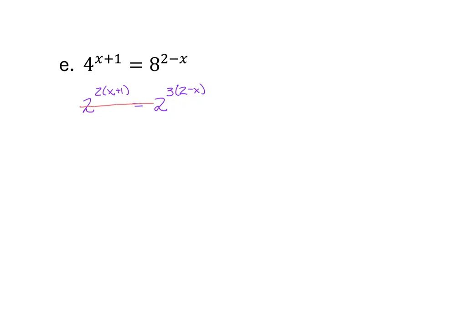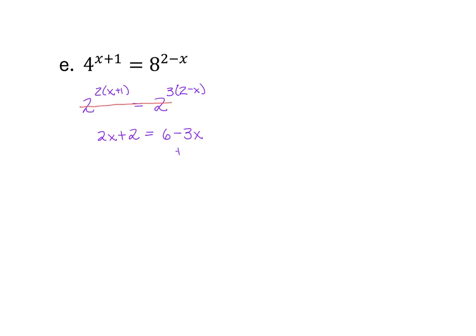And now that we have same bases, we can go ahead and cancel them. We can distribute to clear the parentheses. So we get 2x plus 2 equals 6 minus 3x. And we can finish solving.